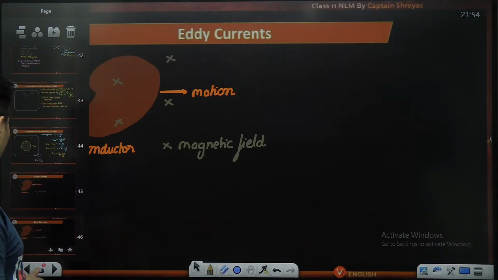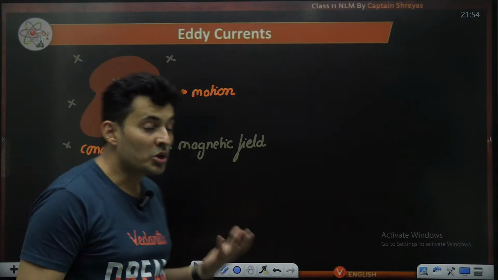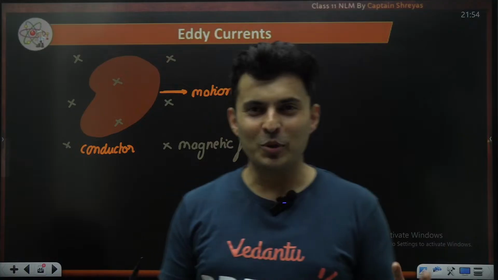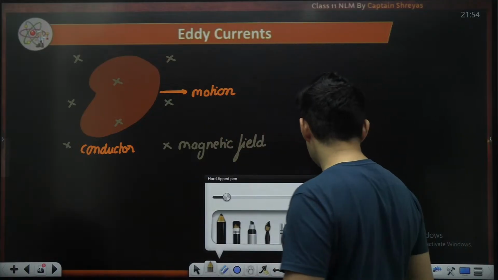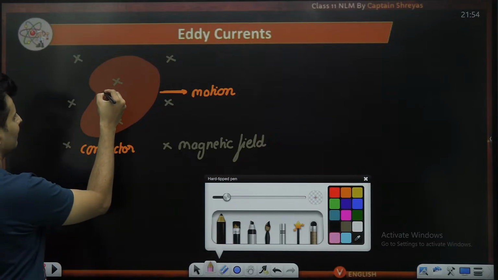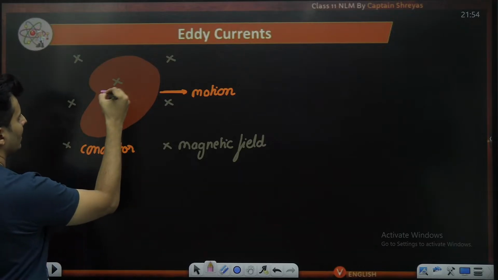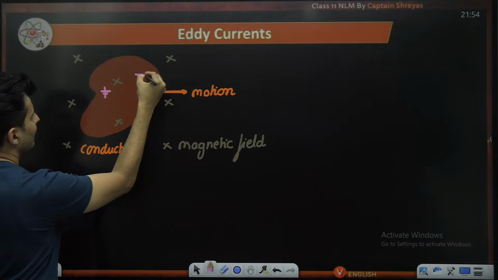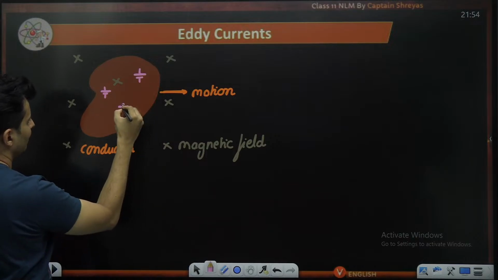Okay, what will happen because of that? Motional EMF will come. Yeah, motional EMF is going to come. So there will be small teeny mini batteries that you can think of. Just imagine some kind of battery here. Everywhere there will be some small batteries which you can visualize.